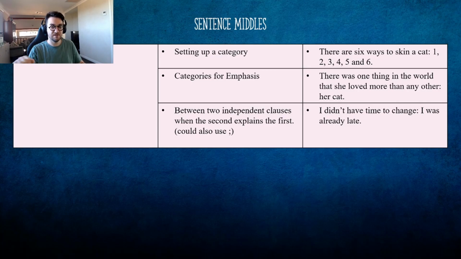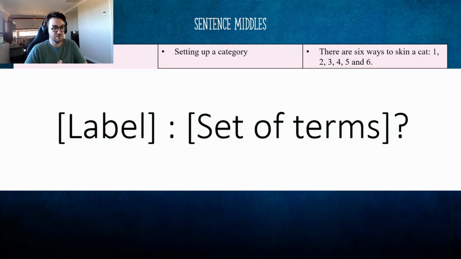That's a category. The way that that's related to a category for emphasis is essentially you can use that idea in a creative way, right? So you can say, like I've said here, there is one thing in the world. Yeah, essentially, label, yep, set of terms.